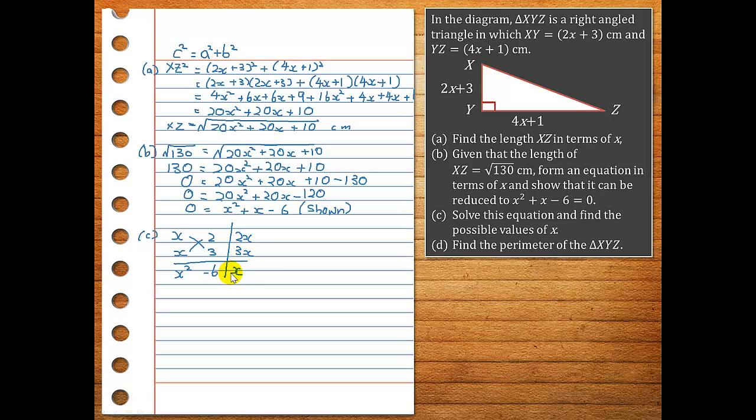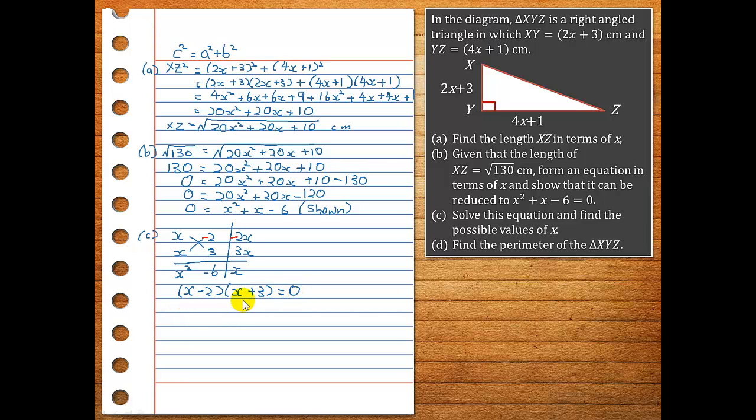We want to have just 1x, so where should we put the negative sign? Yes, we will put it here. So that negative 2x plus 3x will give us positive x. And since this is negative, this will be negative. And hence, by factorizing this, we will have (x minus 2)(x plus 3) equals 0.